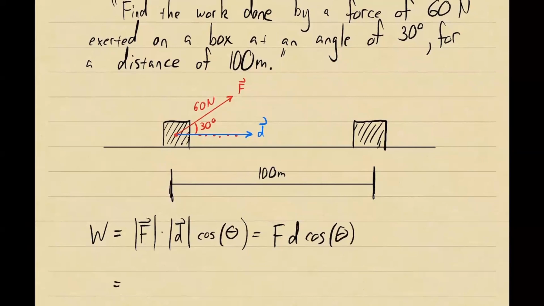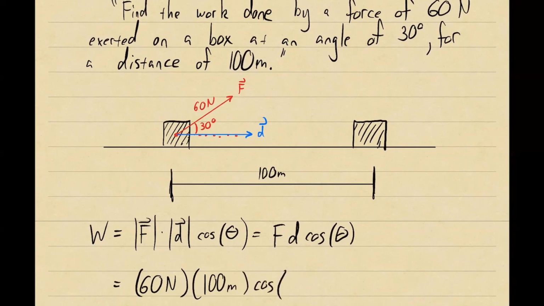So the work done is equal to the magnitude F, which is 60 newtons, times the magnitude of our displacement, which is 100 meters, times cosine of the angle between our force vector and our displacement.